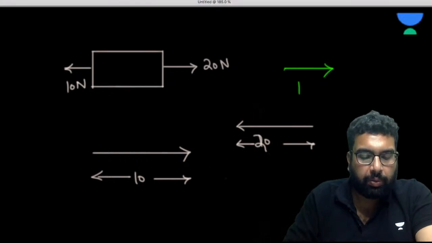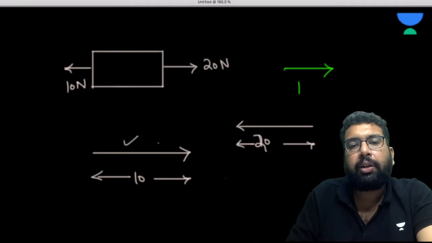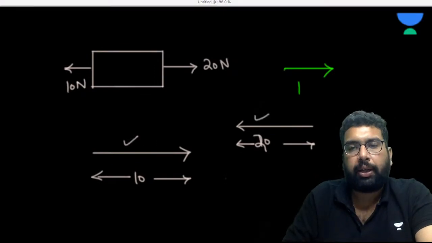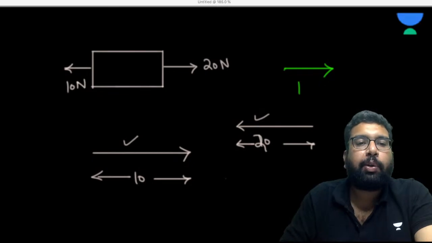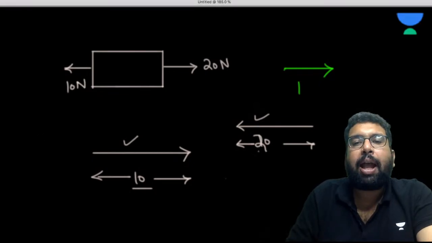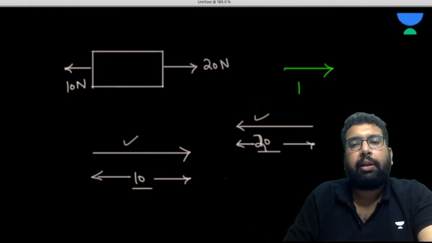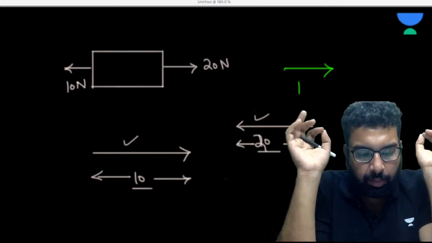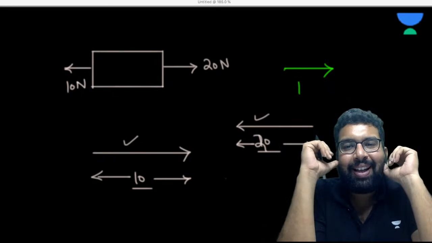Now if I ask you what is the magnitude of this vector and what is the magnitude of this vector, what would you say? You would say the magnitude is 10 and the magnitude is 20. Are you going to say minus 10 or minus 20? You are never going to tell me that. Are you getting my point?